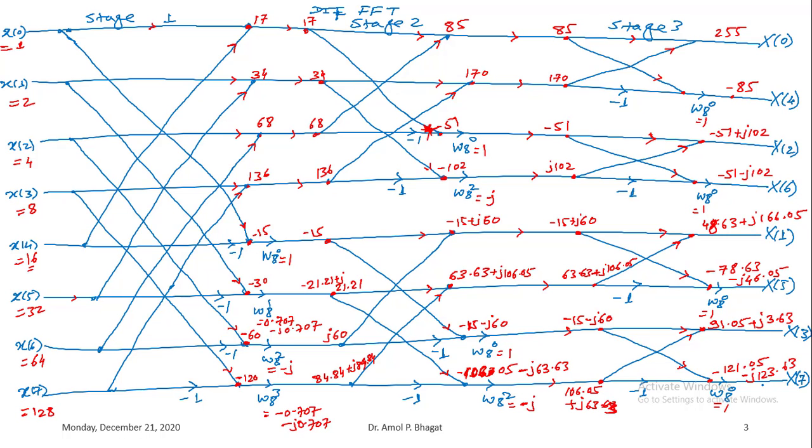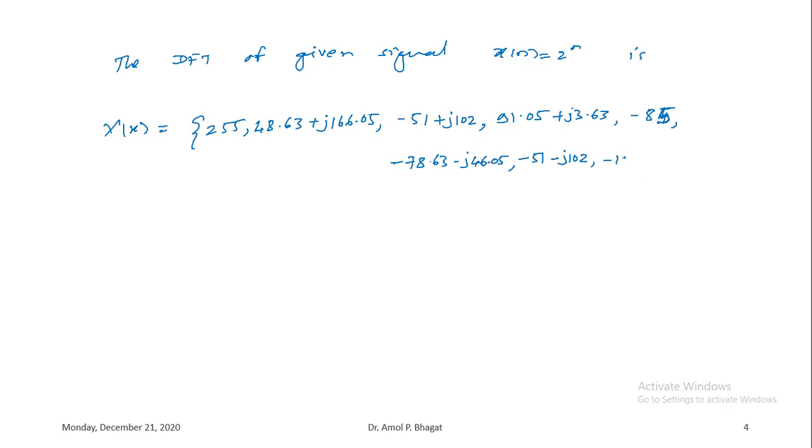And then x of 7 is minus 121.05, then minus J123.63.